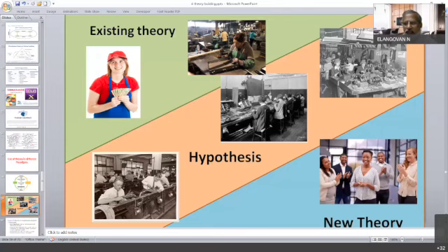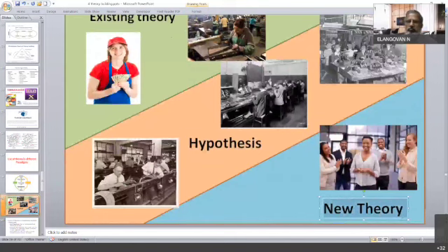After the experiment, they came out with a new theory that reward and recognition will give more motivation. So new theory. From existing theory, you find a gap and you pose the hypothesis and you conduct a research, then you change the theory and a new theory emerges. So that is how your quantitative research will work.